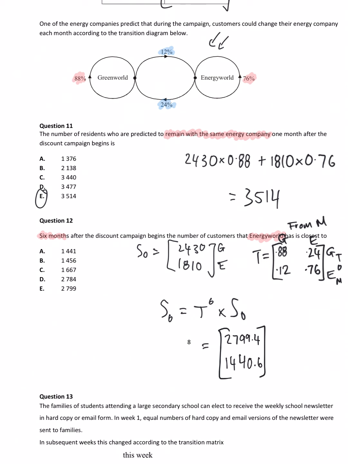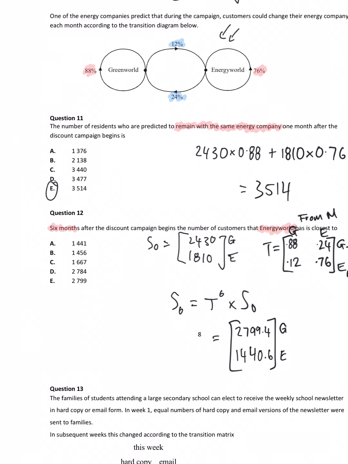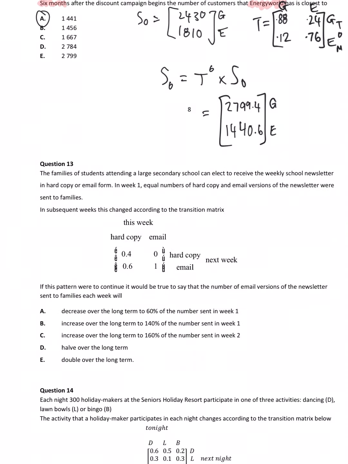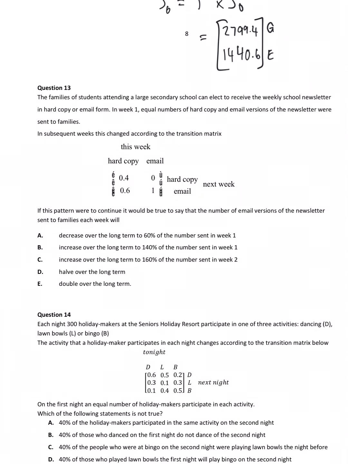What it wants to know is the number of people in Energy World. This one was Green World, this one's Energy World. So it's going to be closest to A. If 1440 was an answer, I'd probably put that one because they're people, something tangible, so you'd round down, but yep, it's A.